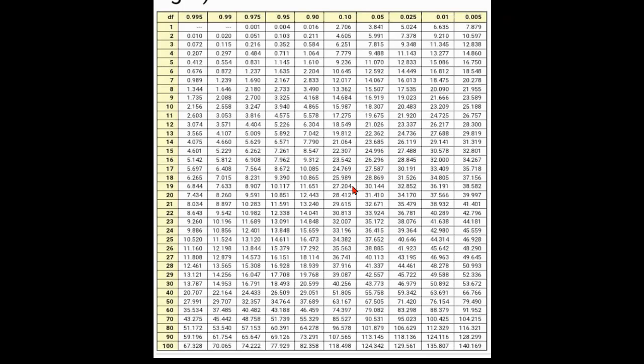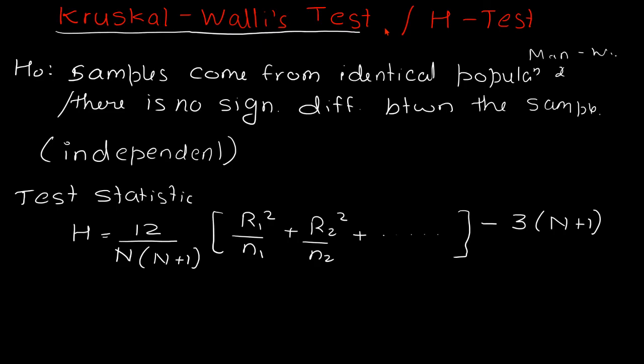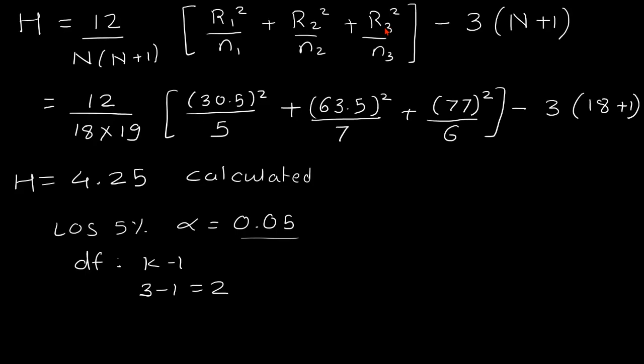So we'll move to the chi-square distribution. So degree of freedom is 2 with this 0.05, that is, as we have seen, 5.991. Okay. So my tabulated value from this chi-square distribution is 5.991.